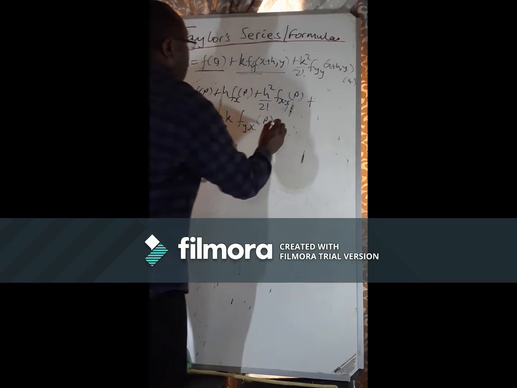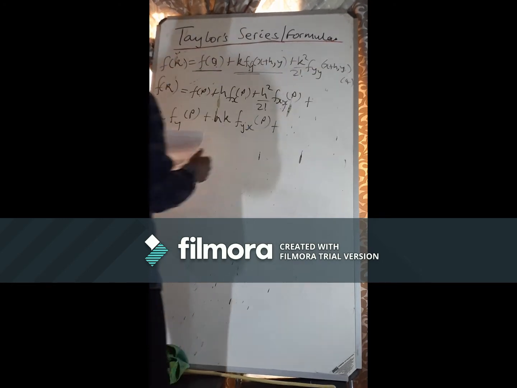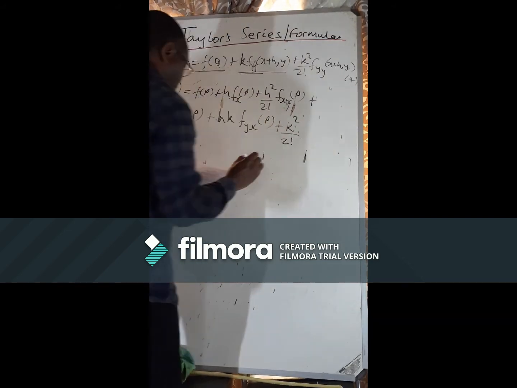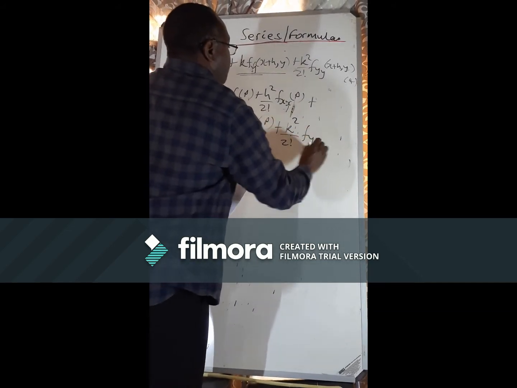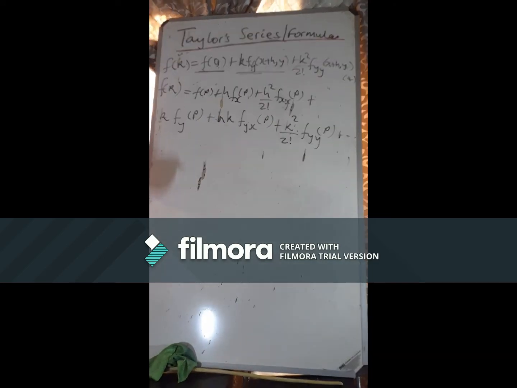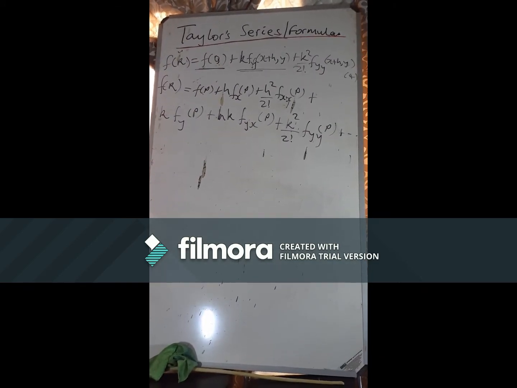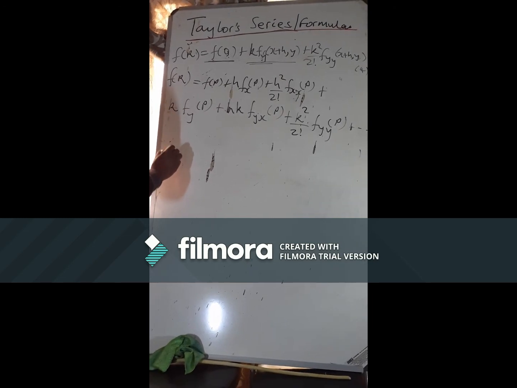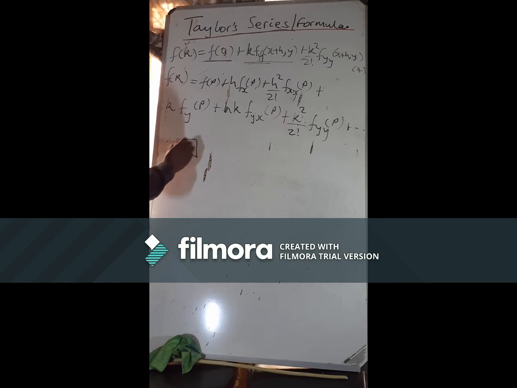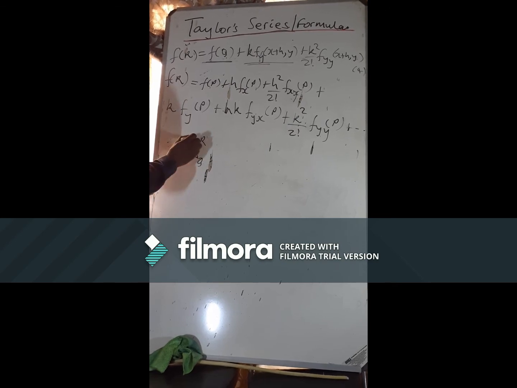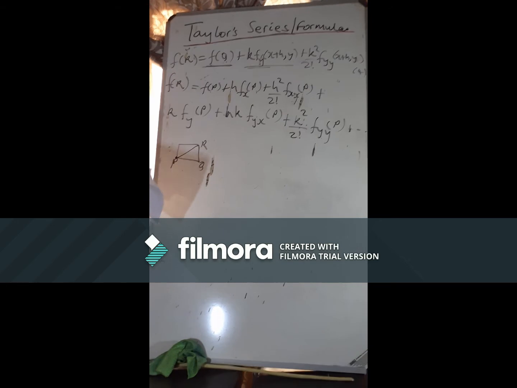Then plus the last part, which is the second derivative of that, will be k squared over 2 factorial of fyy at p, then plus dash dash dash dash. Okay, now you can see this expression of fr is now in terms of p. So remember the diagram is like this. So this is your p, q, your r. So you are now moving straight from here to there. That's the expression now.